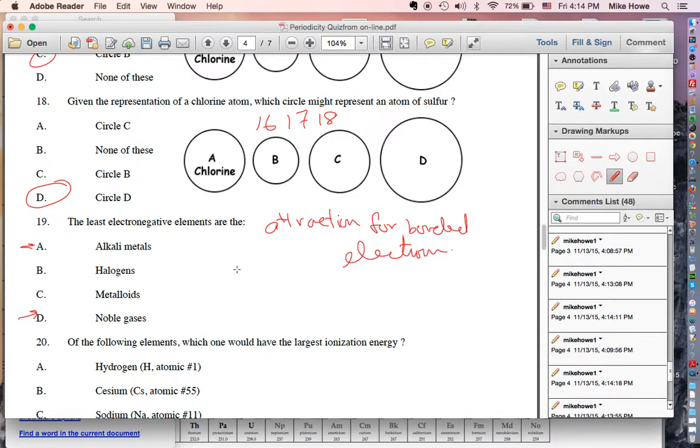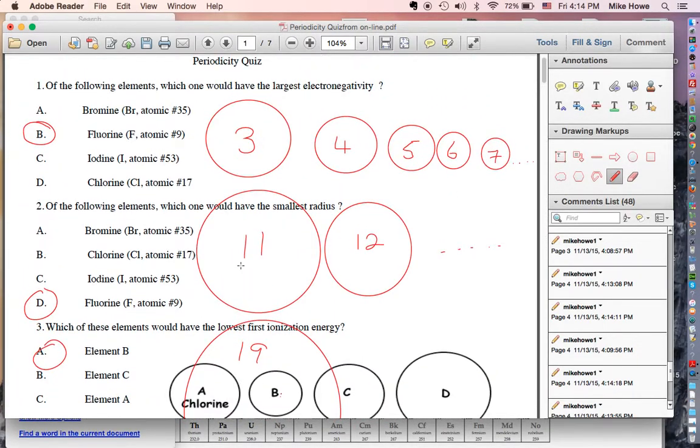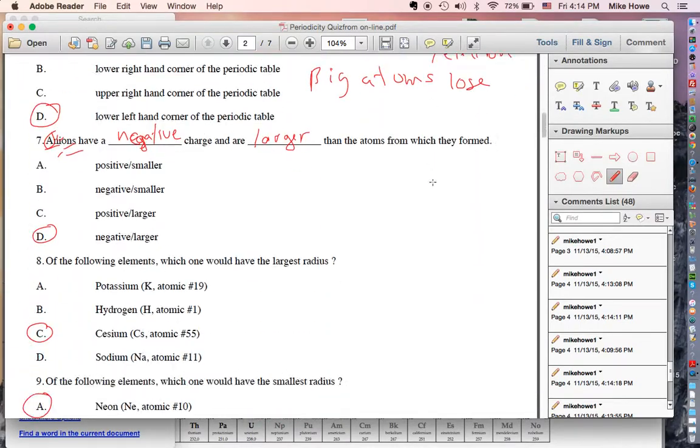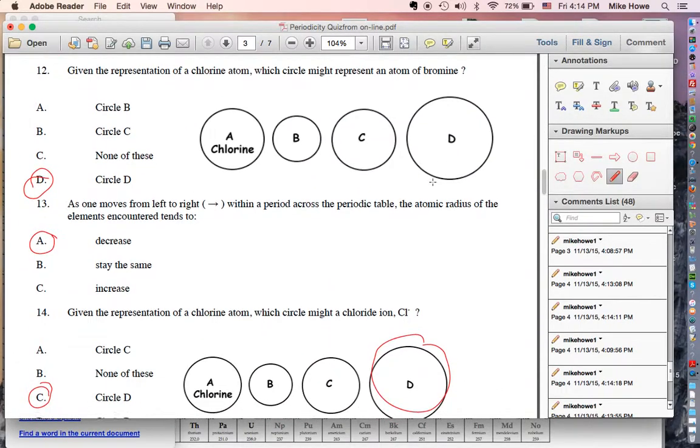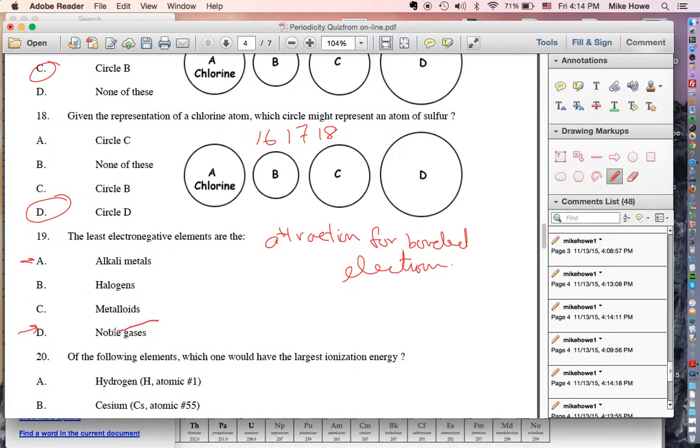We know that electronegativity would increase as you move to the right because, as we said up here, as you go to the right, the atoms are getting smaller, which means they're attracting electrons more. When I explained this in part 1 of this video, I mentioned that element number 10 is a noble gas. Noble gases have full outer shells and no electronegativity. So the best answer down here would be the noble gases because they have no electronegativity.